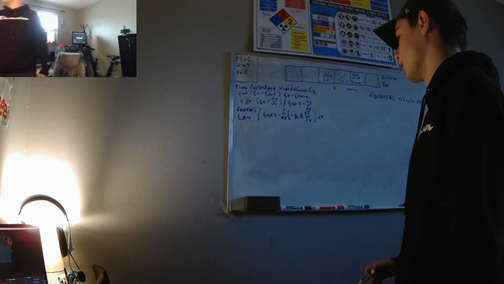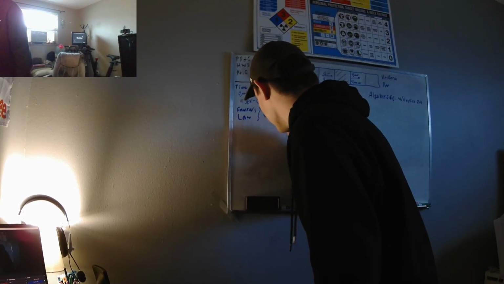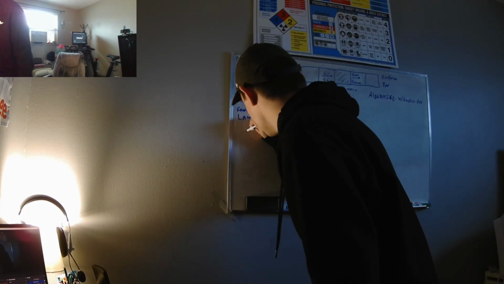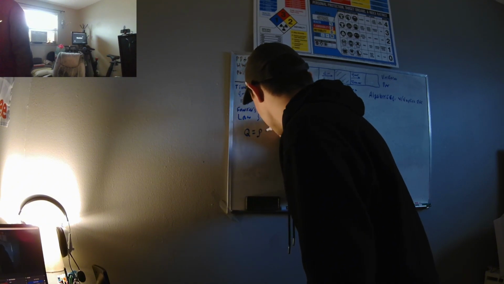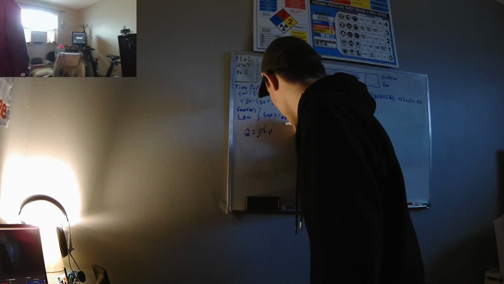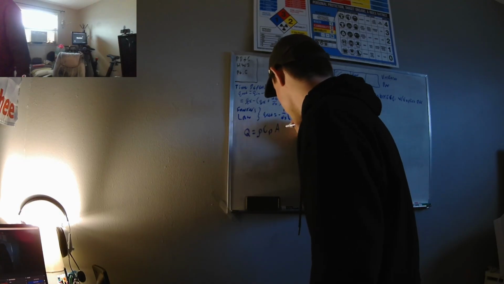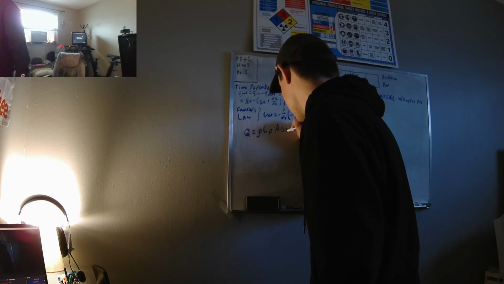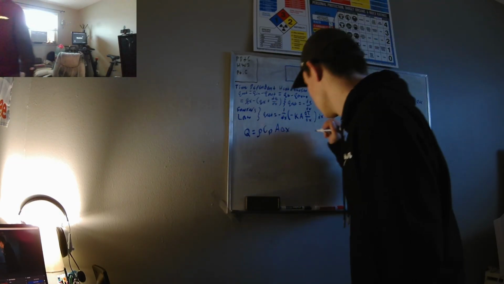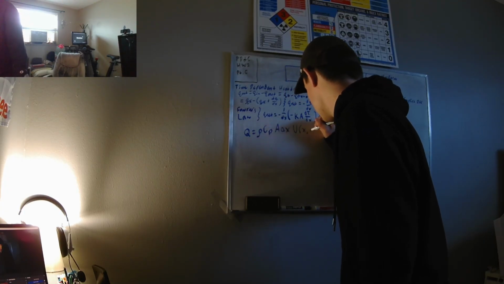So moving on from here, we need to look at another expression for heat transfer, which is that our Q equals our rho Cp times our volume, which we're going to represent here with our cross-sectional area times delta x, all times our u at a certain x and time.